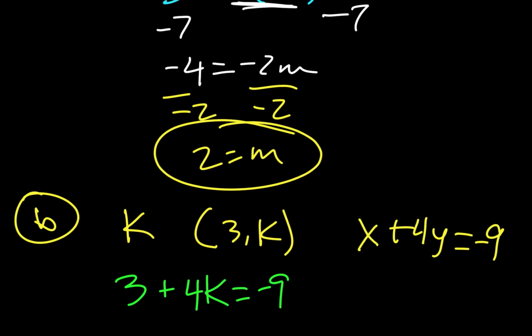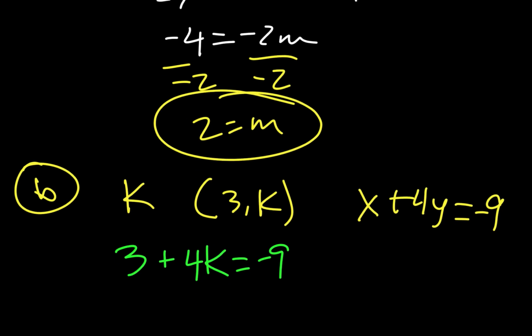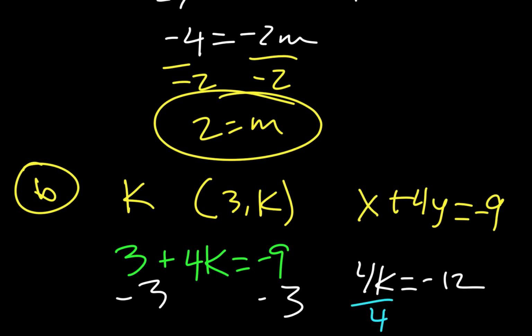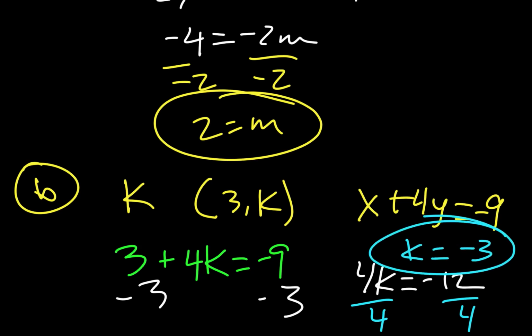And then we have this equation. We just need to solve for k. So the next step is to subtract 3. And so we end up with 4k equals -12. And then we divide by 4. And we end up with k equals -3. And we're done with that one.